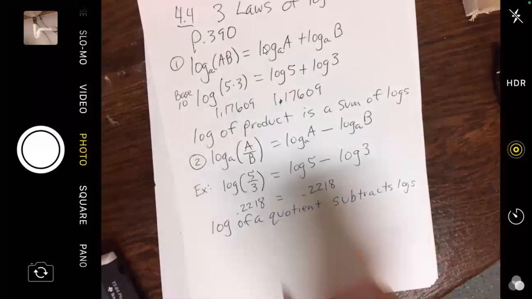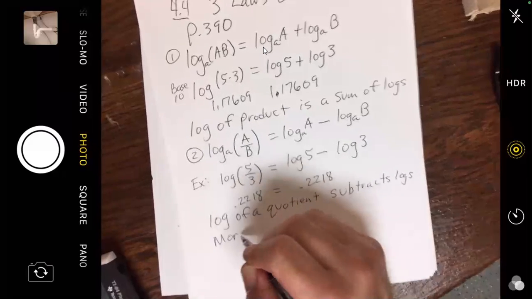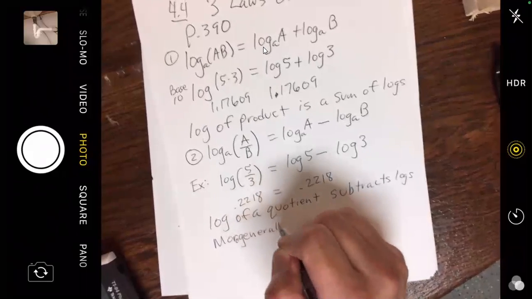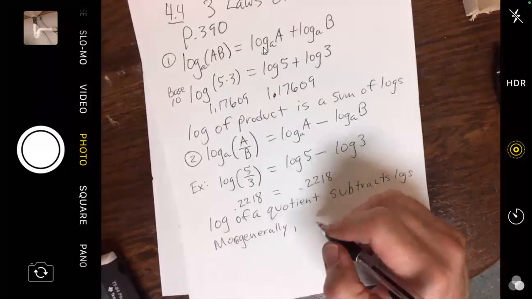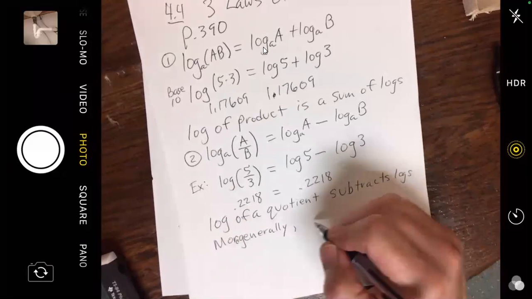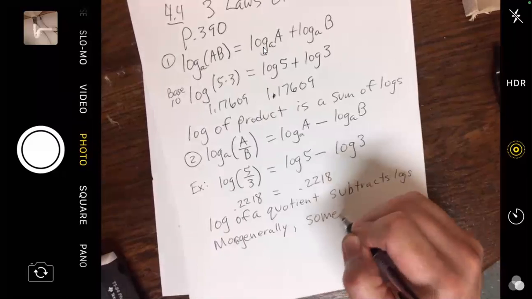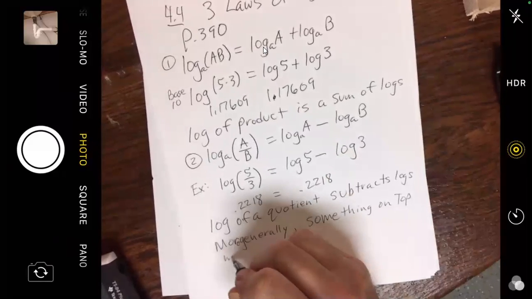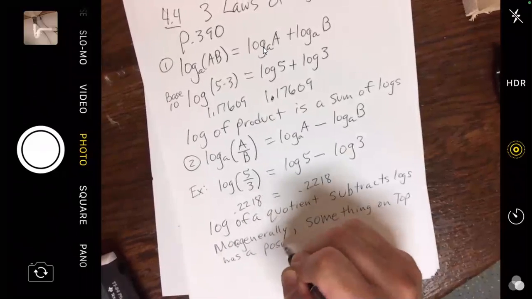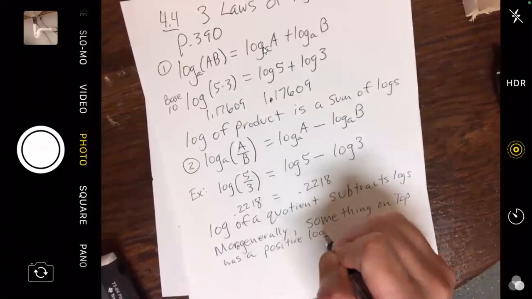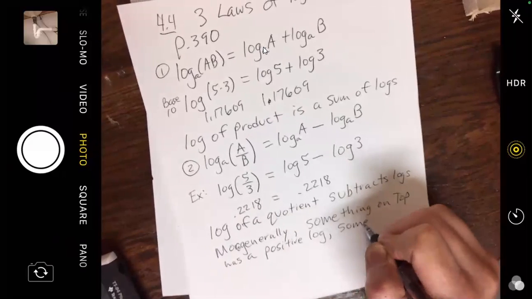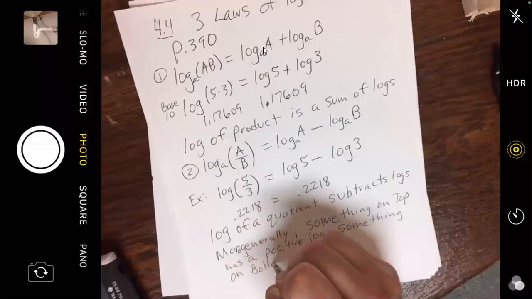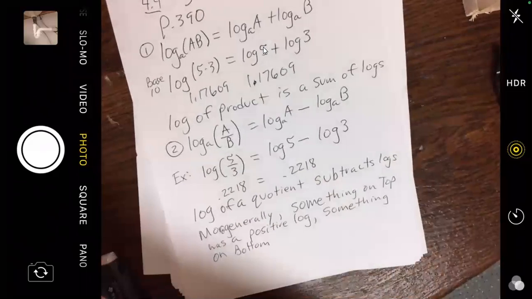The most important, more generally, something on top has a positive log, and something on bottom has a negative log.